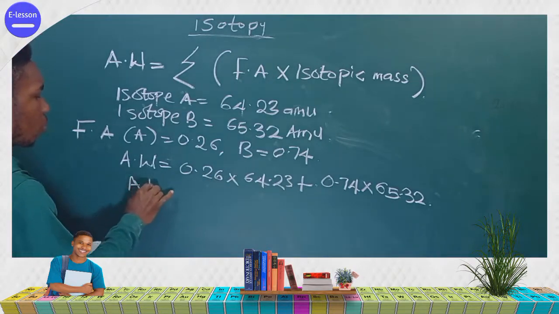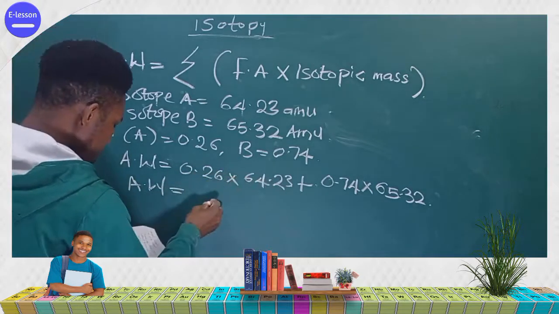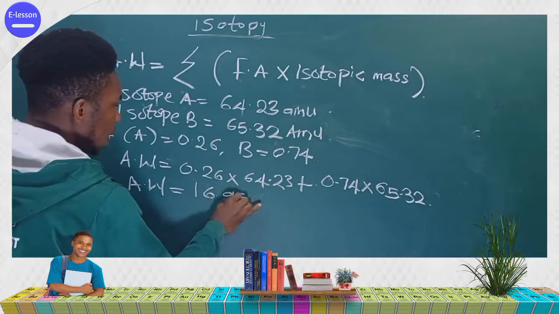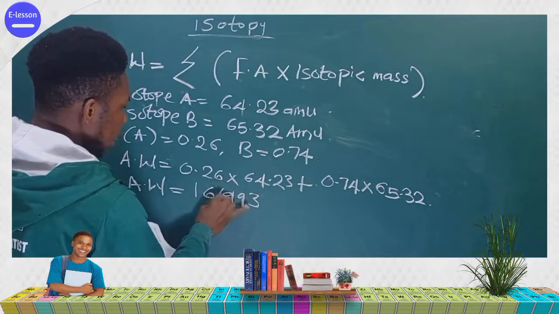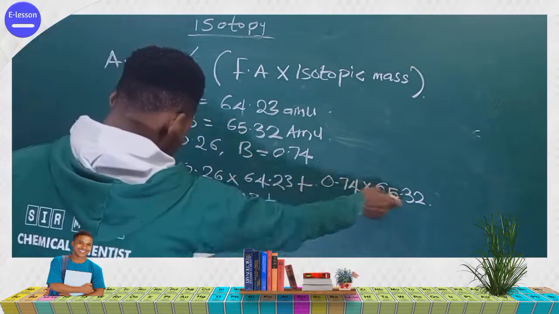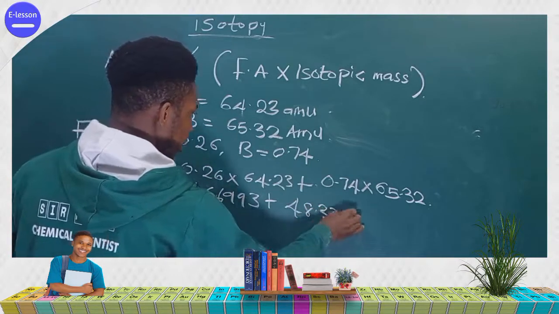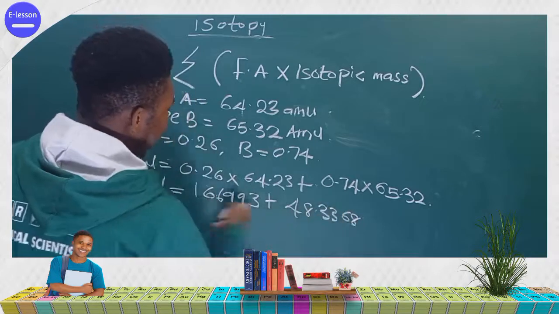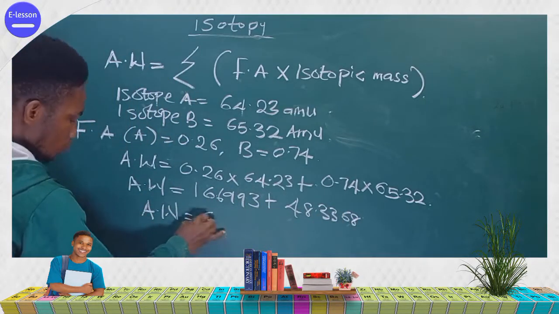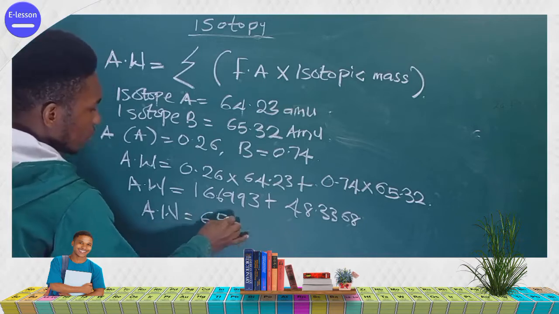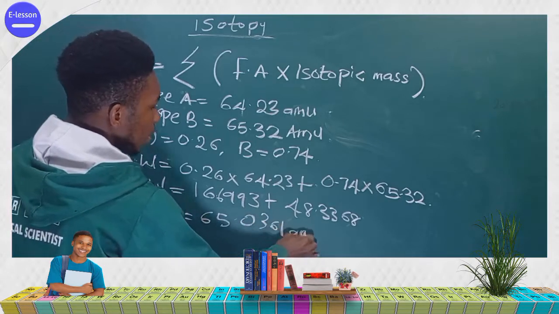So our atomic weight is equal to this first multiplication, which gives 16.6993, plus this second multiplication, which gives 48.3368. When you add these two together, the atomic weight of the element in question is 65.0361 AMU.